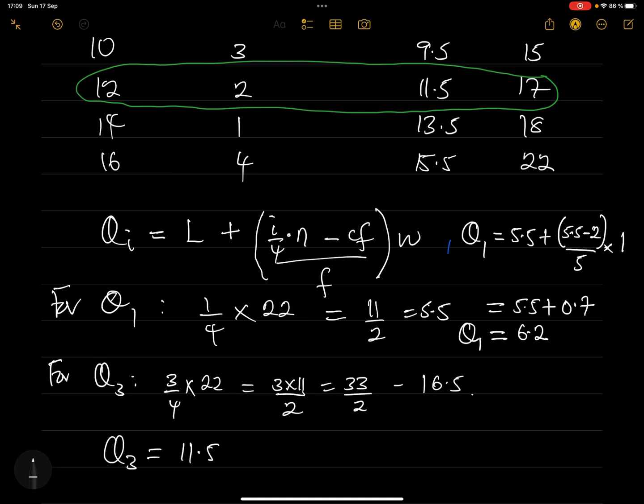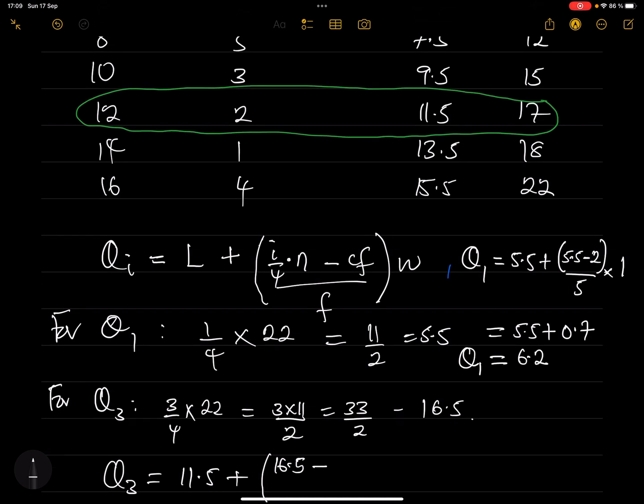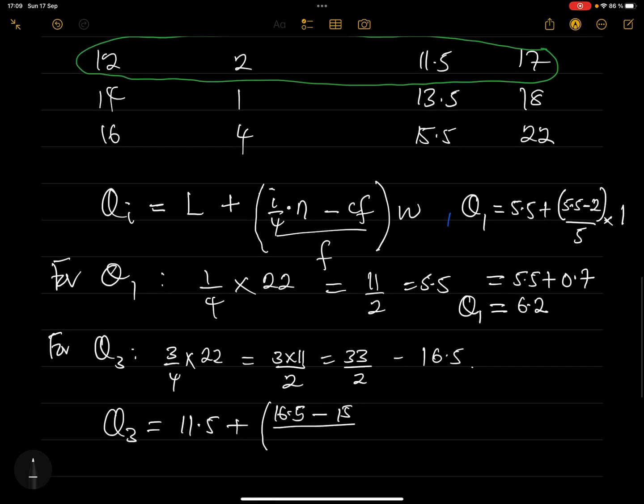Do you see that? Plus, open a bracket, Kn. Our Kn, we have got it to be 16.5, minus the cumulative frequency of the class before the location of interest, that is 15. Perfect. Divided by the frequency of the location of interest, in this case it is 2. Multiplied by the width, which is 1, because this is discrete. The width is always 1.